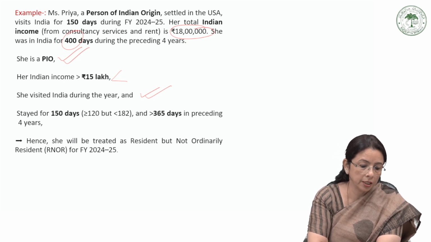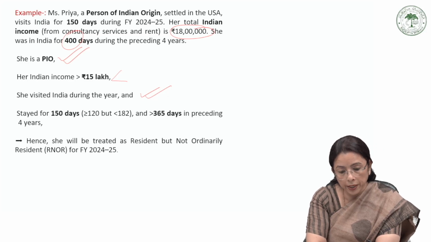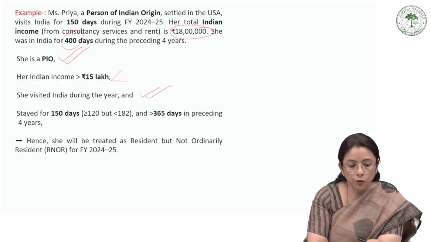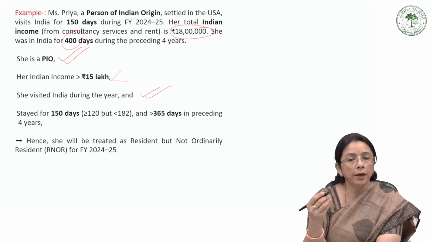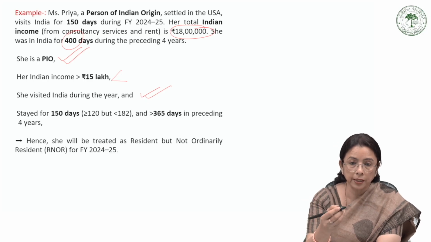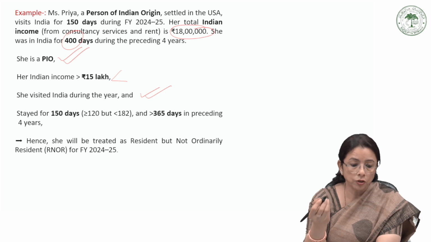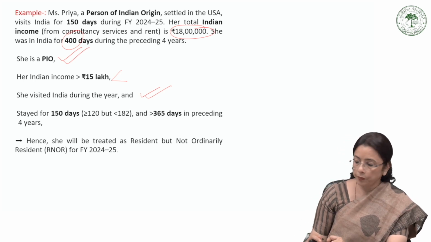So she qualifies all the conditions required to be treated as resident but not ordinarily resident for the year 2024-25. This is how these conditions need to be fulfilled. We have to check the data, whether each condition is individually fulfilled or not. I hope this is clear to all of you.